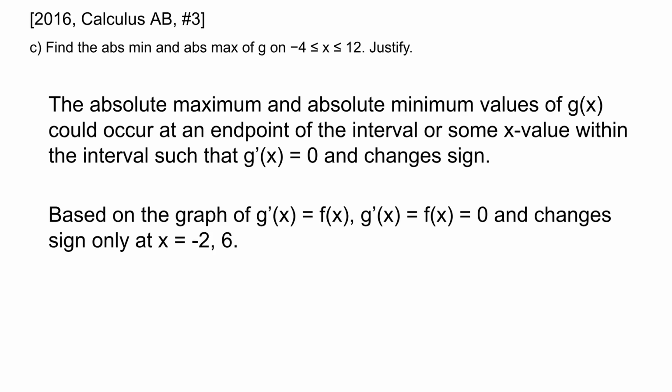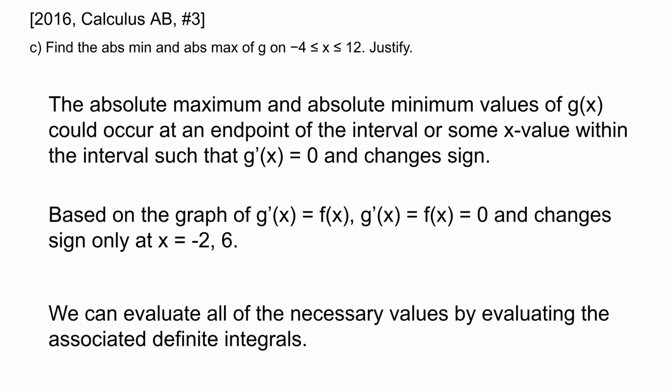Based on the graph of g prime of x equals f of x, g prime of x equals f of x equals 0 and also changes sign only at the values x equals -2 and x equals +6.